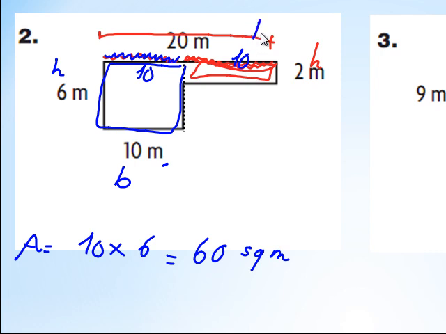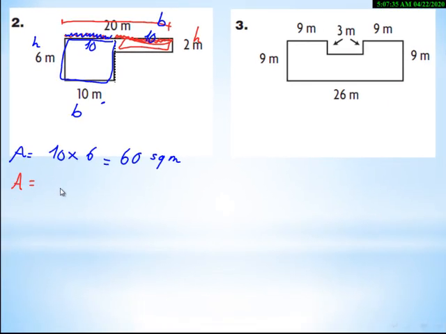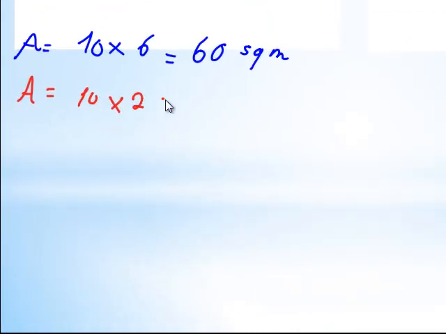So its base equals 10 and its height equals 2. Now you should find its area. Area equals base times height, so 10 multiplied by 2 equals 20 square meters also. So the total area equals what?